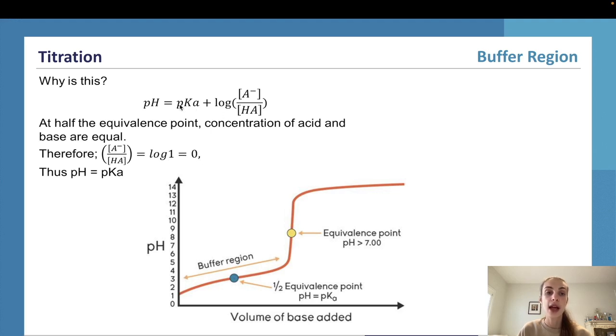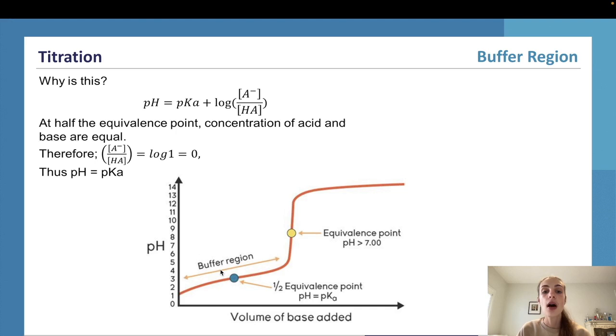So if we were to apply this to the Henderson-Hasselbalch equation, it would be the same as saying that pH equals pKa plus log of 1 over 1, which would equal 0. So it would be the same as saying pH equals pKa plus 0. Hence, we can say that pH is going to be equal to pKa at half the equivalence point.